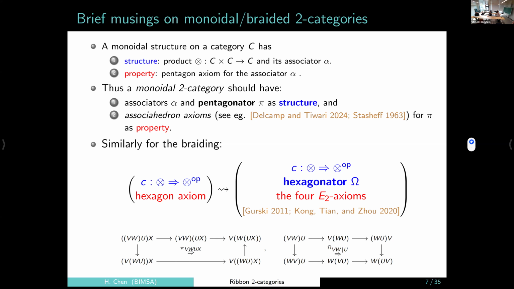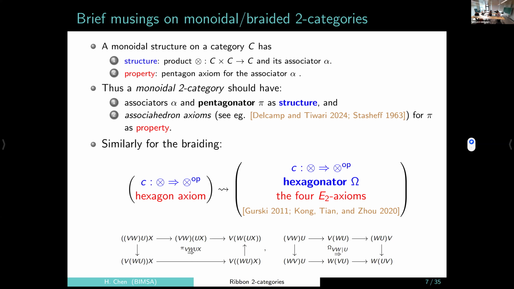I also need to tell you how the pentagonator is coherent. The pentagon equation has 4 guys here, and the associahedron axioms have 5 guys. So it concerns 5 things and the different ways in which you can paste these guys together, essentially. I didn't write it down because it's a huge diagram.